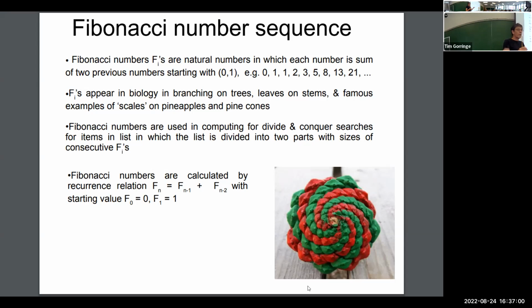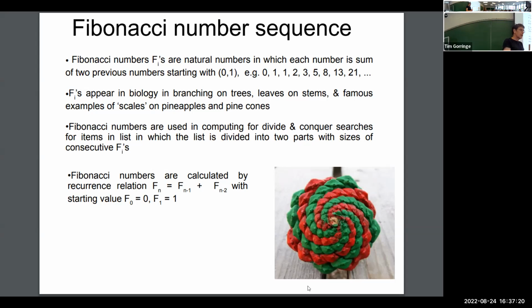It's what's called a recursion relation. So you'll find the numbers from a pair of starting numbers, and you can work your way through the Fibonacci sequence or series of numbers.